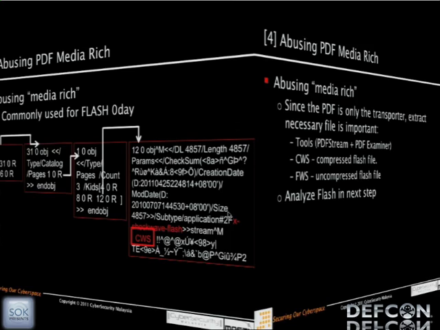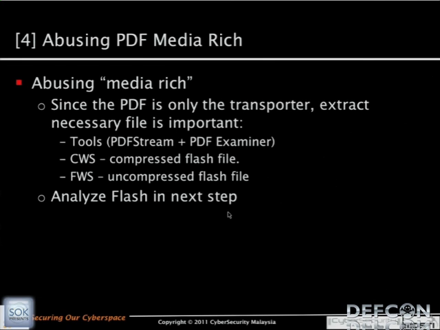If you see, SWF is basically CWS, a compressed file, and then there is another one called FWS, an uncompressed file. PDF is just pretty much the main transporter for this one. You need to extract the Flash file to check what the exploit is, what kind of shellcode is inside it.